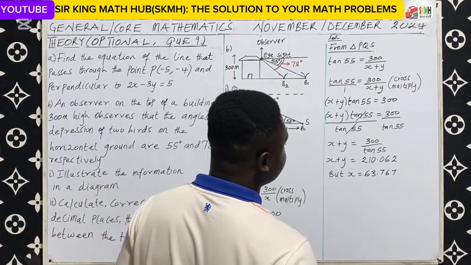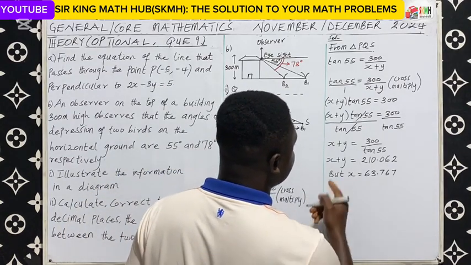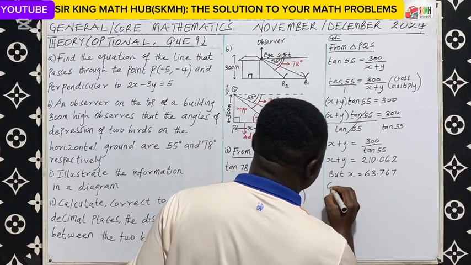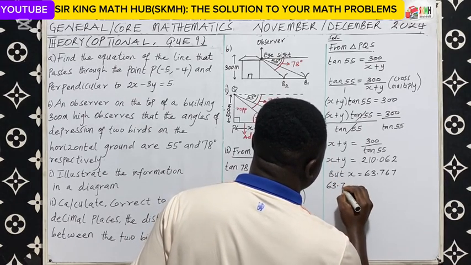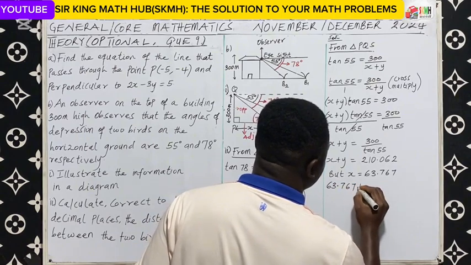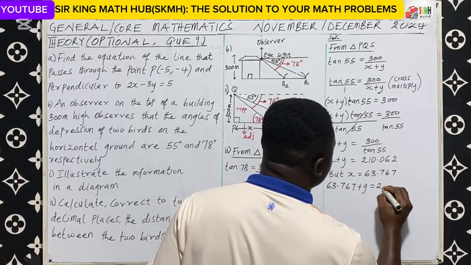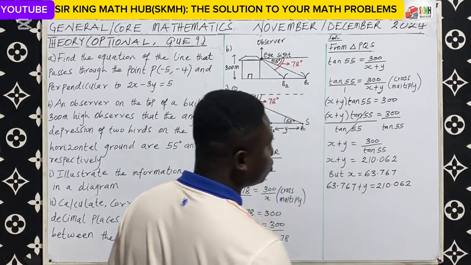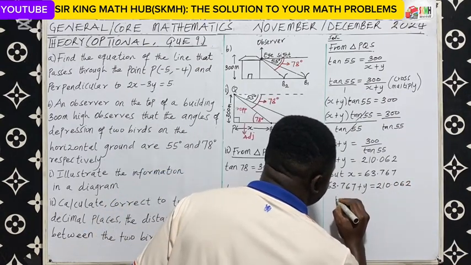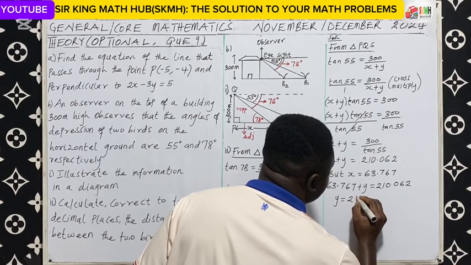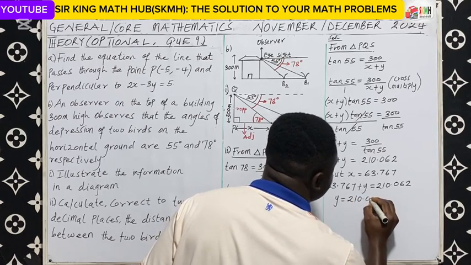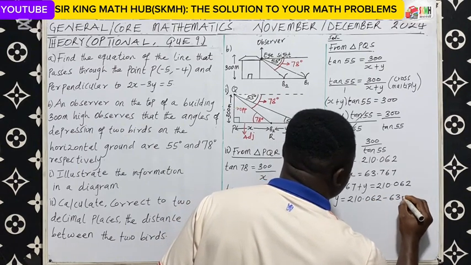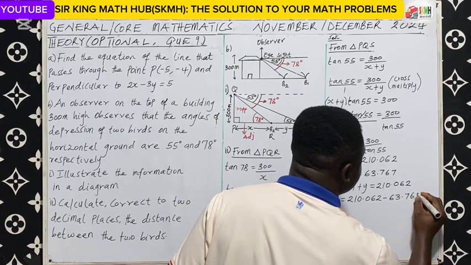So let's substitute x into this equation. So in place of x, we have 63.767 plus y is equal to 210.062. So let's make y the subject. We have y is equal to 210.062 minus 63.767.